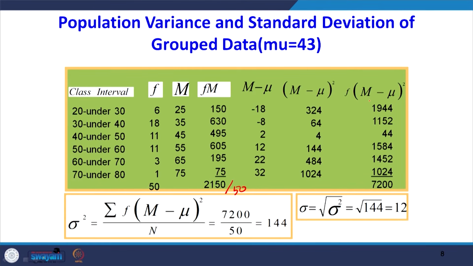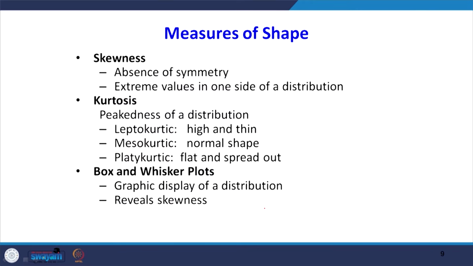When you add it, it is 7200. n is sigma f, which is 50. So, 144 is the population variance of this grouped data. If I want the standard deviation, just take the square root of the variance, that is 12.